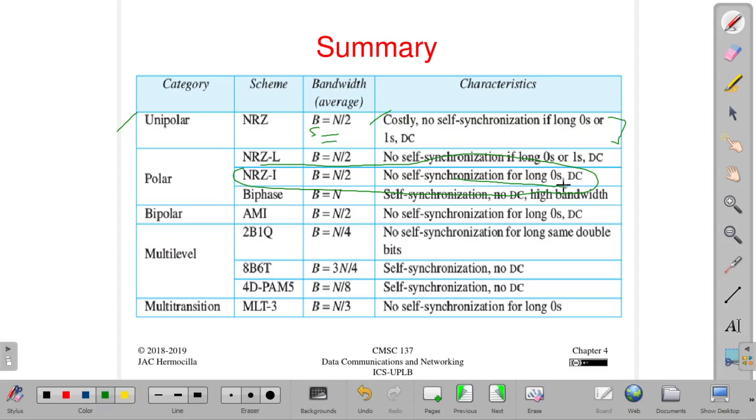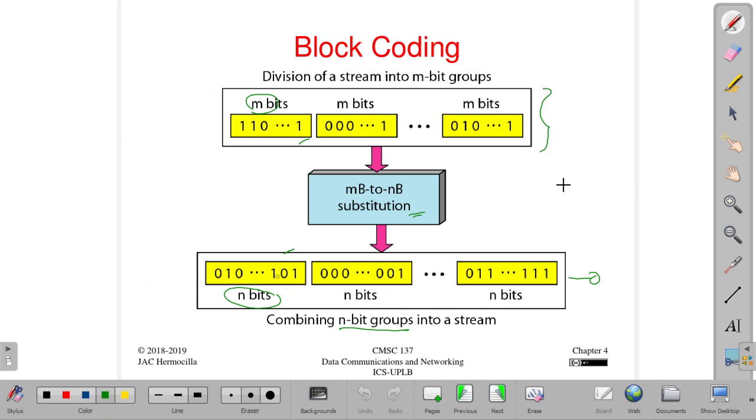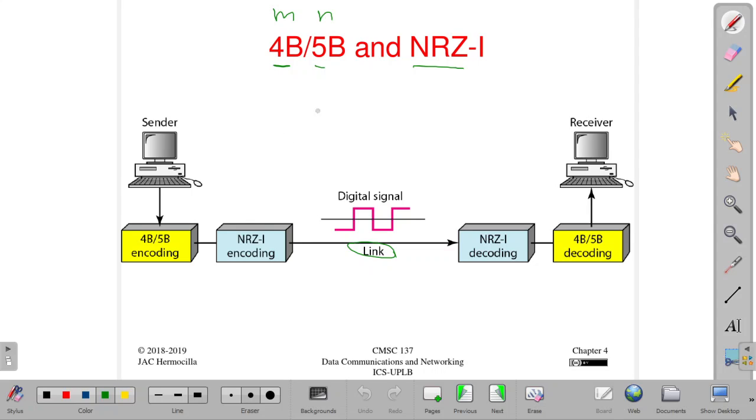So remember that if you have a sequence of long zeros or long ones, the receiver will lose timing and misinterpret the bits. So as much as possible, we don't want long sequences of zeros or ones for a given signal. So this is what is accomplished here in NRZI. So by using this blocking scheme, we will prevent long sequences of zeros or ones.